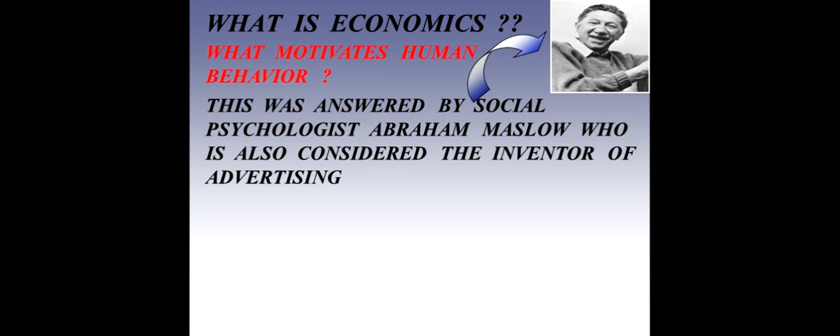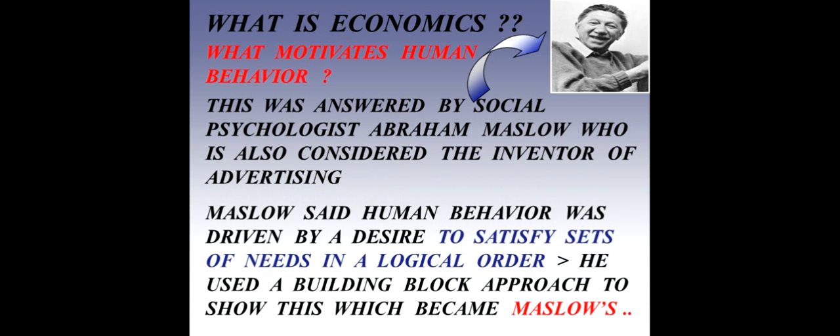Maslow is also considered the inventor of advertising. Maslow said that human behavior was driven by a desire to satisfy sets of needs in a logical order. I'd like to draw your attention to what I have highlighted in blue here and what Maslow said, to satisfy sets of needs in a logical order.